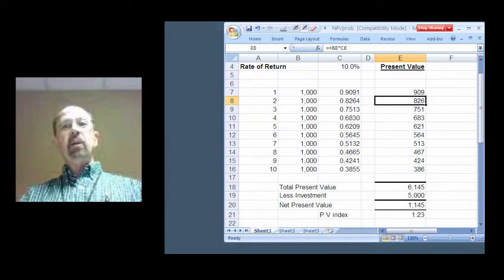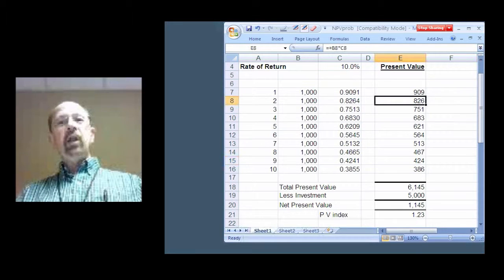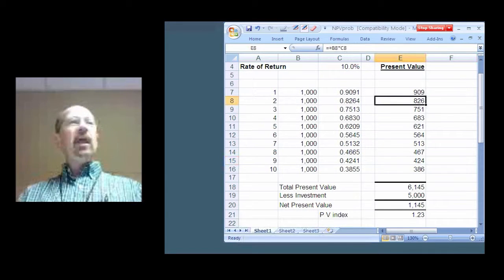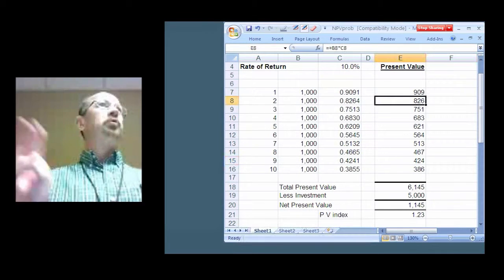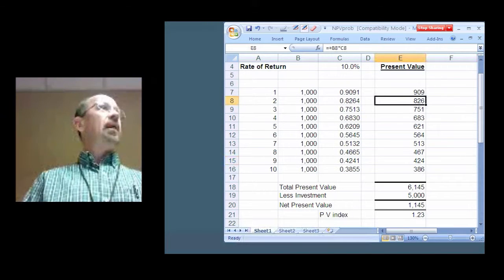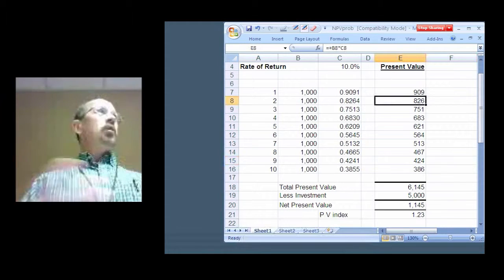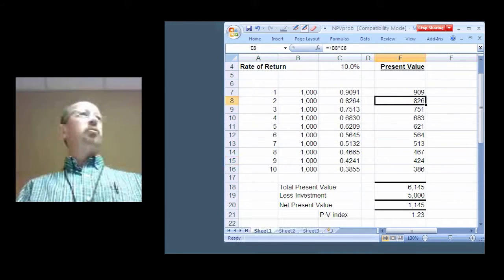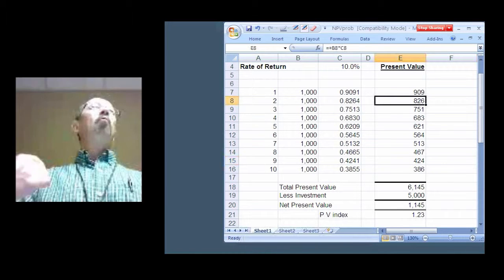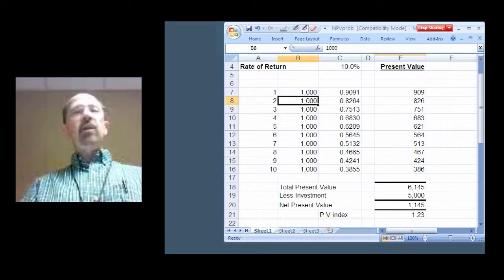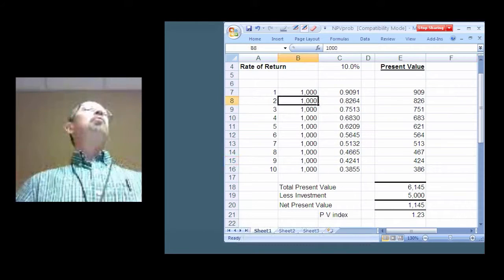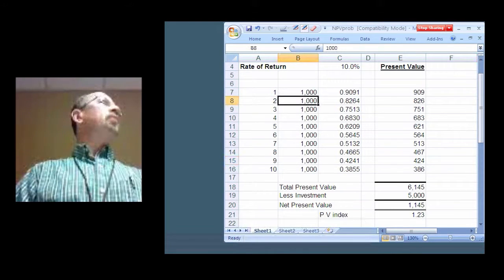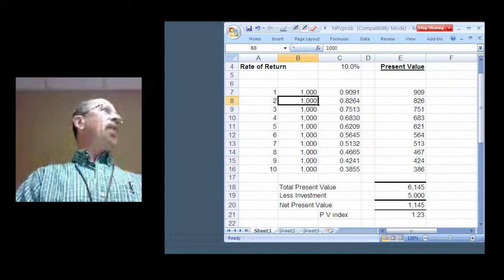Well, for 2 years, if I earned interest on $826 for 2 years, making 10%, you can put it in your calculator: 826 times 1.1 will give you 909, times 1.1 again gives you 1,000.